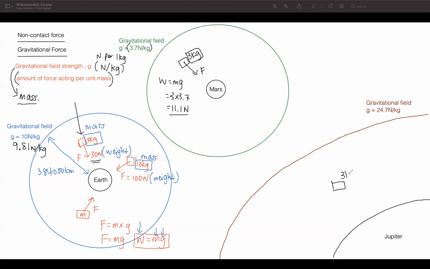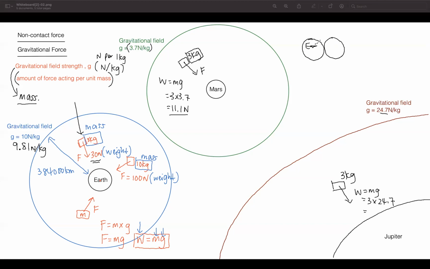If I move the same object to Jupiter, here, 3 kg, W equals mg, 3 times 24.7. This one, the g is so huge. How big is Jupiter? Jupiter is made of gas, right? It's a gas giant, but how big is it? Imagine that you take 11 Earths and put them side by side.